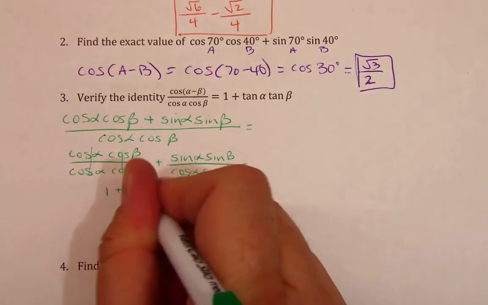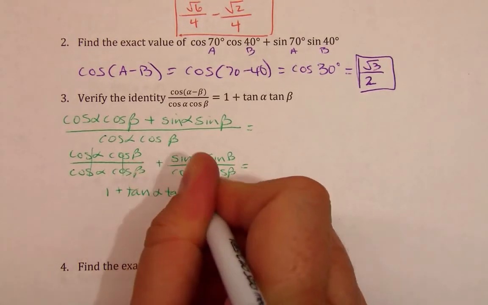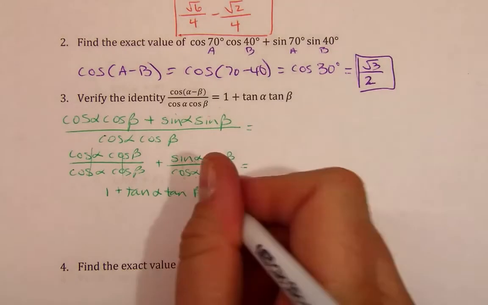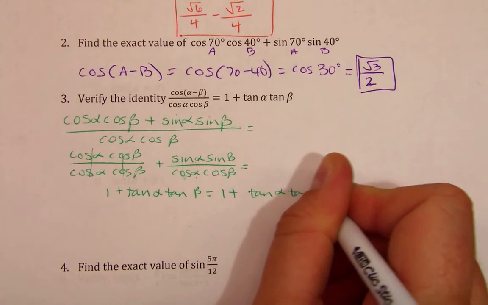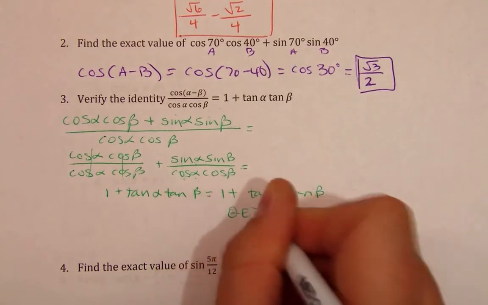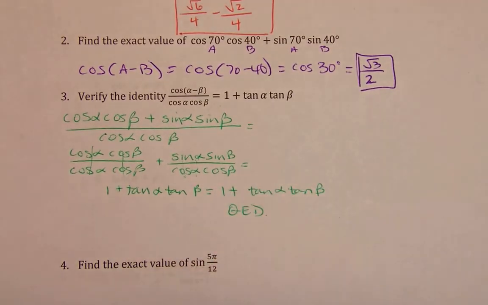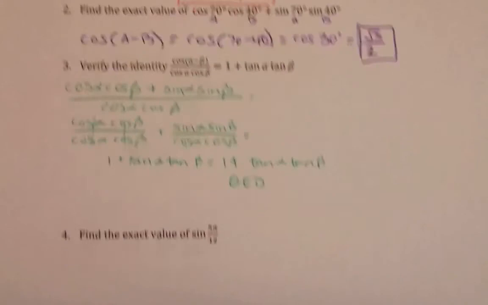So tangent of alpha, tangent of beta, and that's exactly what we wanted. Okay, so that's how we can use verifying with these sum and difference formulas.